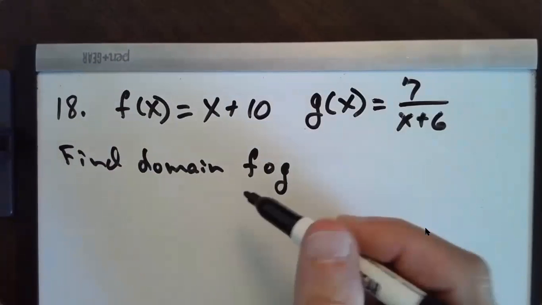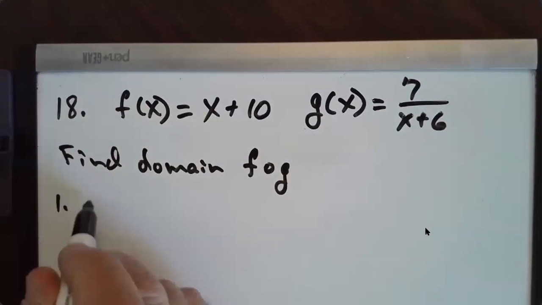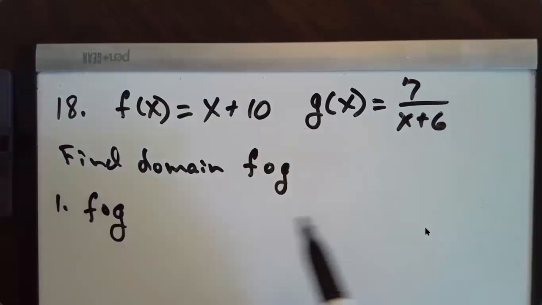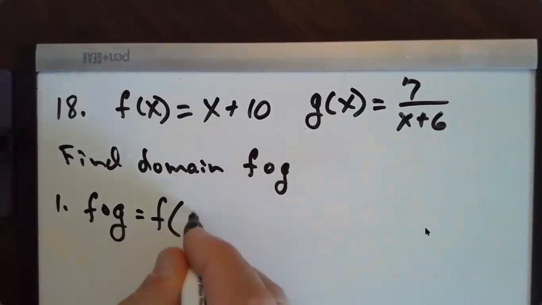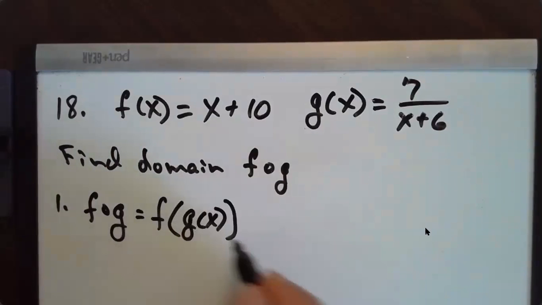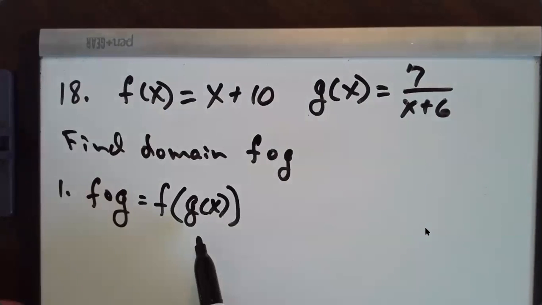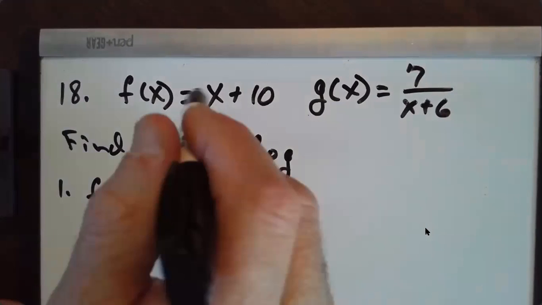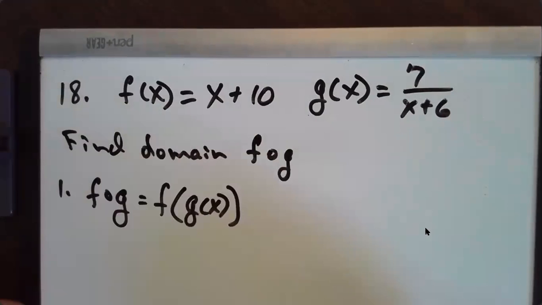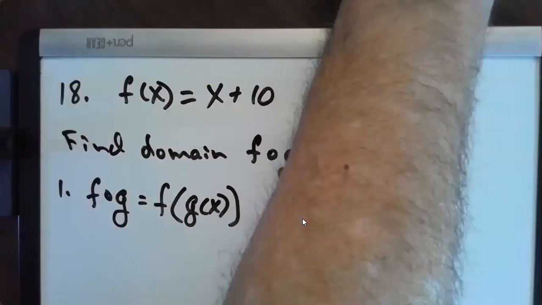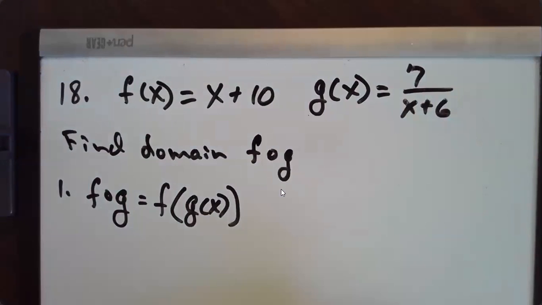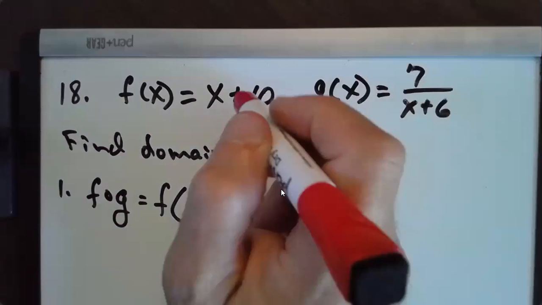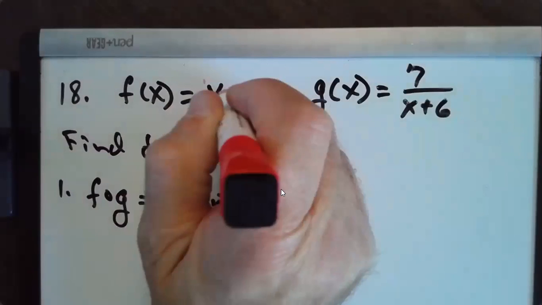All right, so first thing we got to do is find the composite function. F composed with G. So that means this will be F and then composed with G of X. Again, I like to rewrite the composite function because here it shows that G of X is going to go into F of X. It's like we're cutting out the x and we put parentheses.